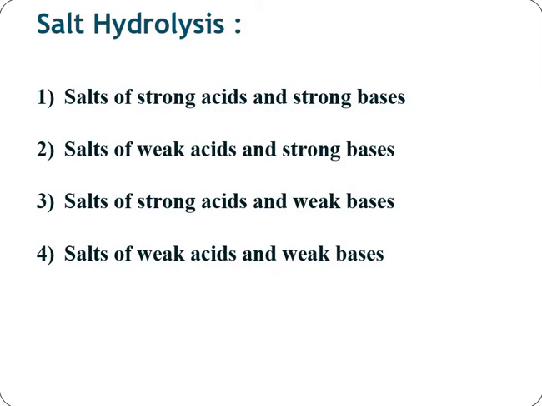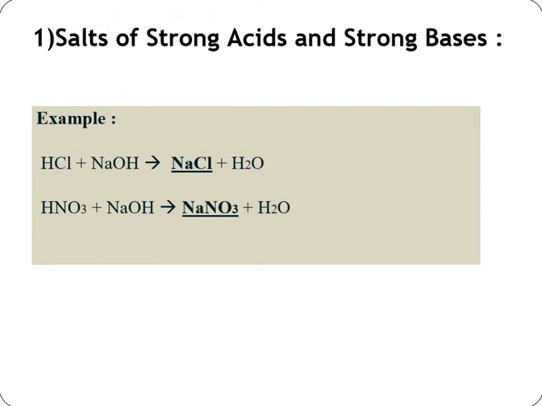So let us see first point, salts of strong acids and strong bases. First, we should know examples of strong acids and strong bases. HCl, HNO3, H2SO4, these are strong acids. When these strong acids react with strong bases like sodium hydroxide and potassium hydroxide, it gives salt and water.